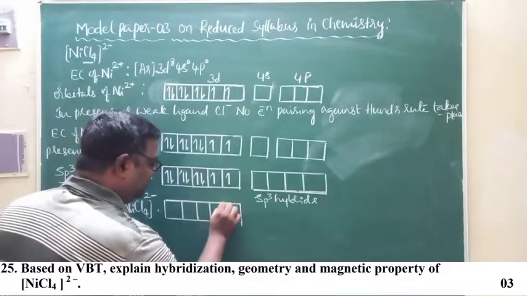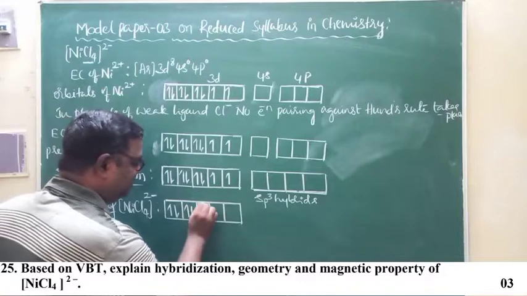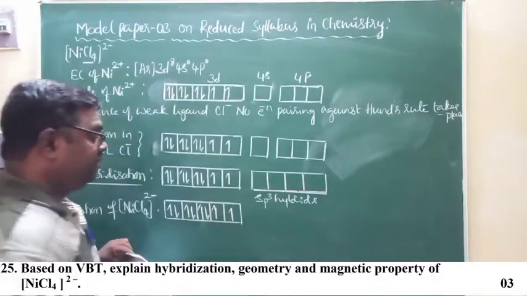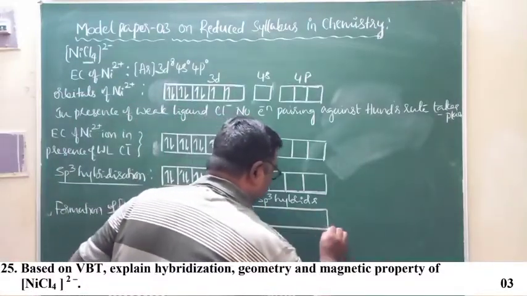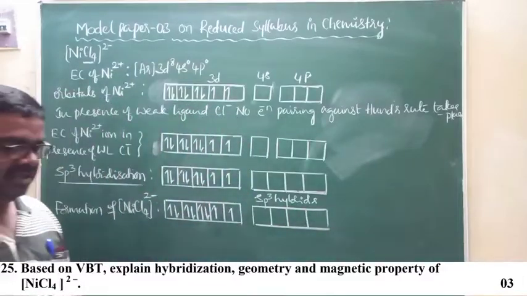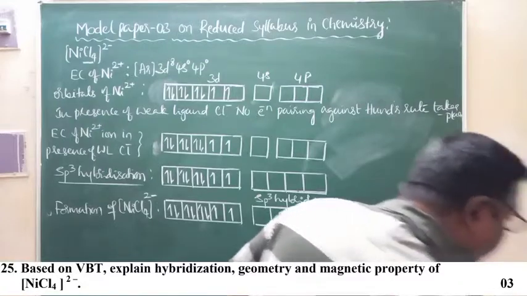There will be no change in the configuration of the 3d subshell because we have a weak ligand here. Here we have 4 sp3 hybrid orbitals. They overlap with filled orbitals of ligands.